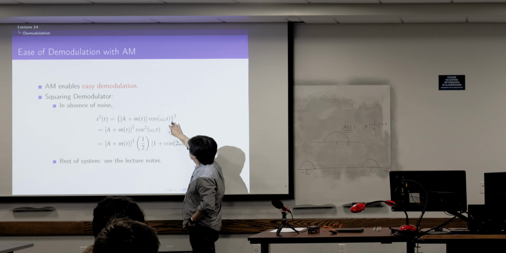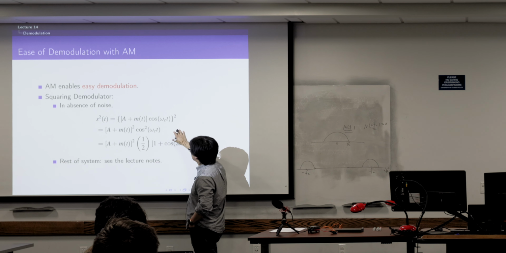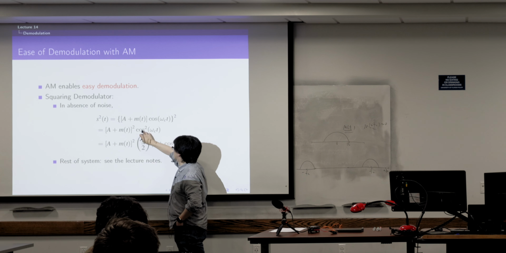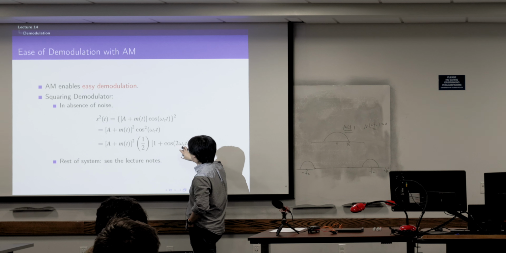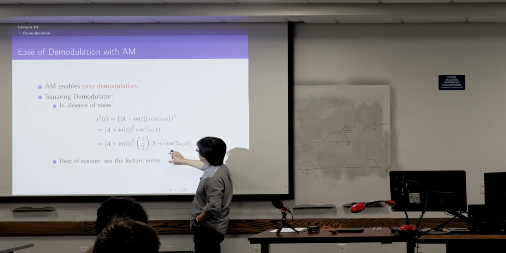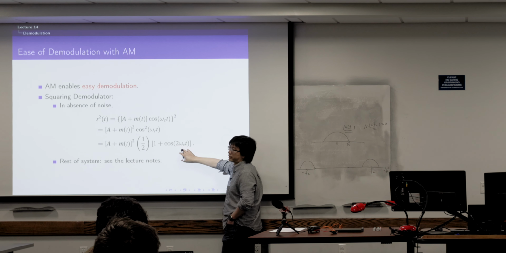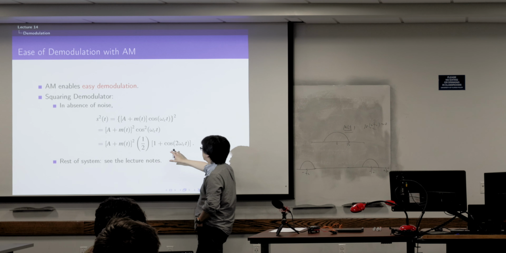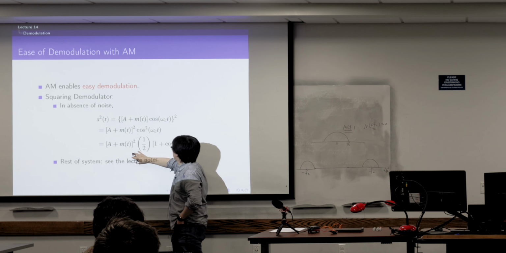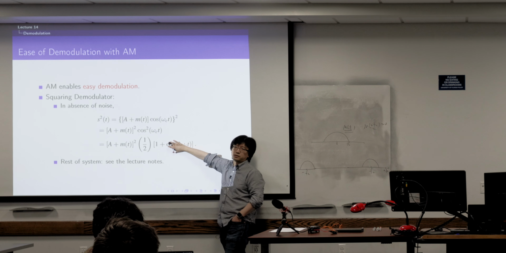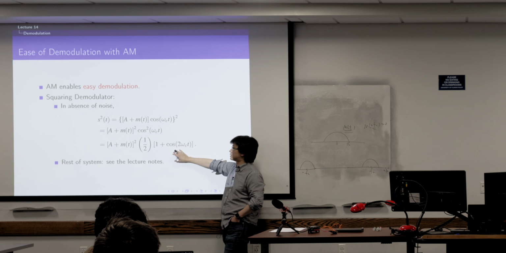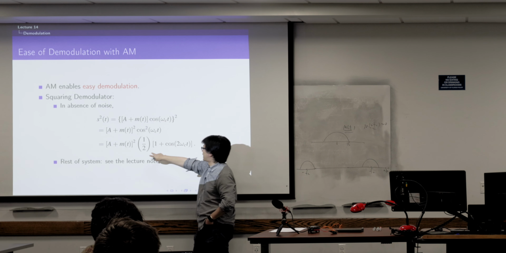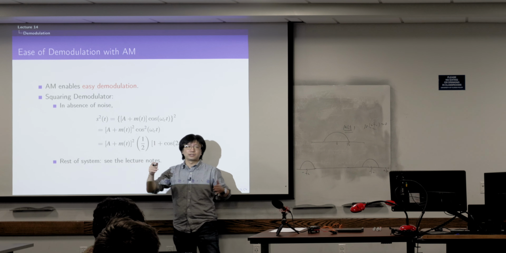If we do a square of it, we can do some manipulation. We have a cosine square here, and we do the same thing as before, so we get this kind of thing. Clearly from here, which is very good, we can use a low-pass filter to filter out this term and remove the higher frequency component. But the loss here is that because the signal is squared, the bandwidth will be doubled.